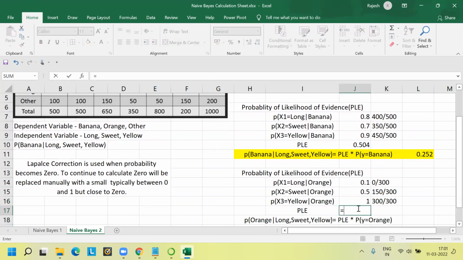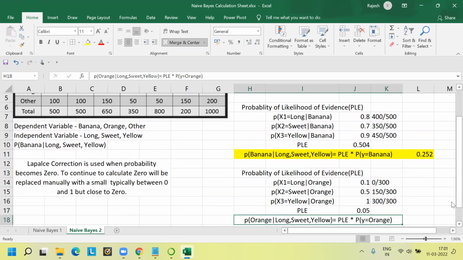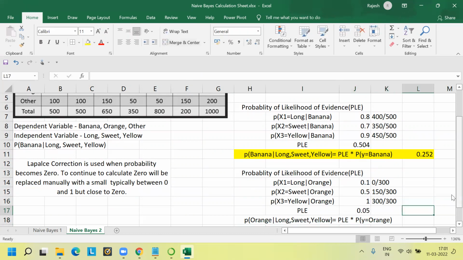So multiply: 0.1 into 0.5 into 1. You got 0.05.